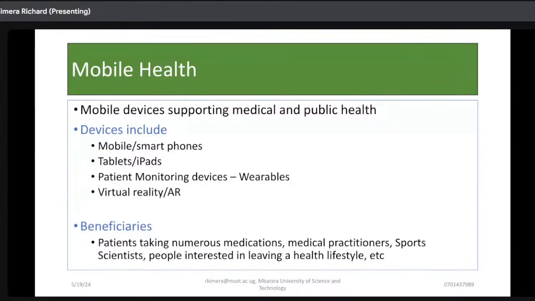And outside of healthcare, a lot is going on. People are having a lot of fun with virtual reality, exploring different places. Let's say you are studying space engineering, but you haven't gotten a chance to fly or go into space to see how equipment is, then you can utilize virtual reality to have that experience or exposure.